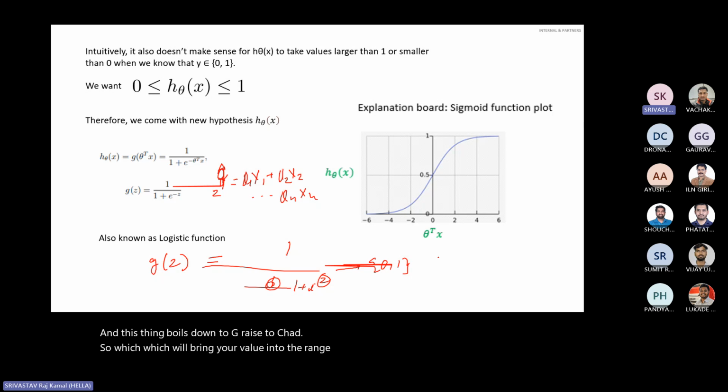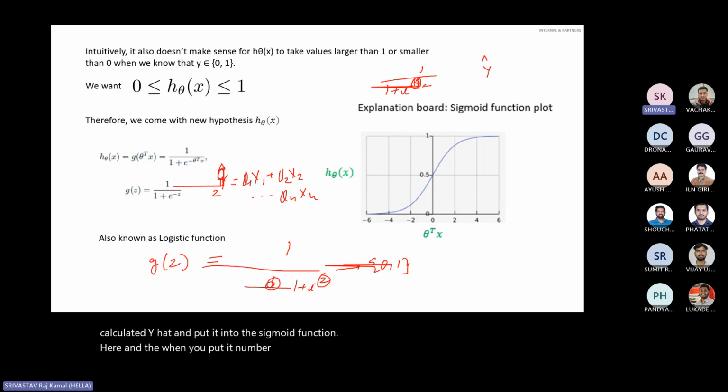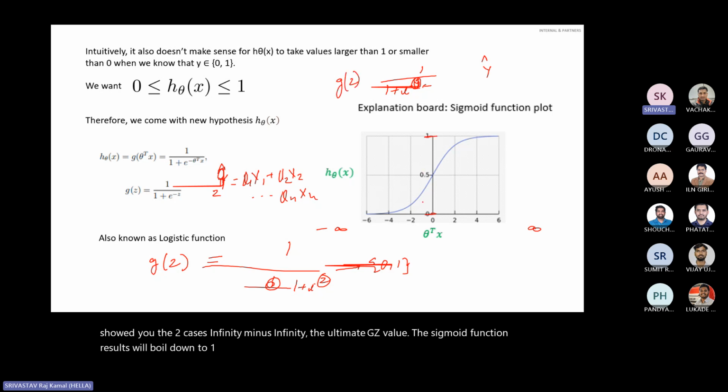So guys, they calculated y hat and put it into the sigmoid function. And when you put in a number, however big or small, I showed you the two cases, infinity and minus infinity, the ultimate g(z) value, the sigmoid function's result, will boil down to 1 and 0. This way we are able to bring our output into the range of 1 and 0.